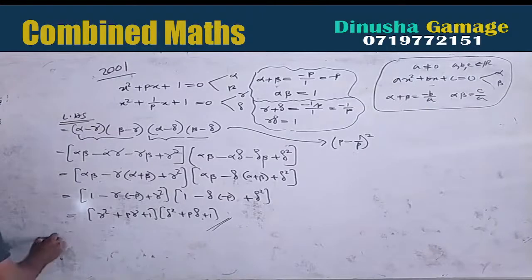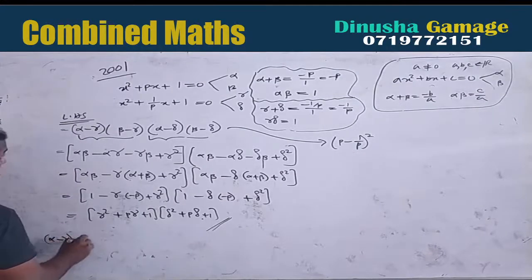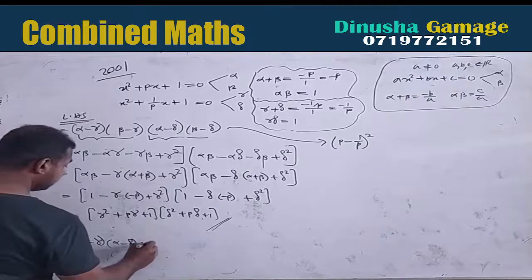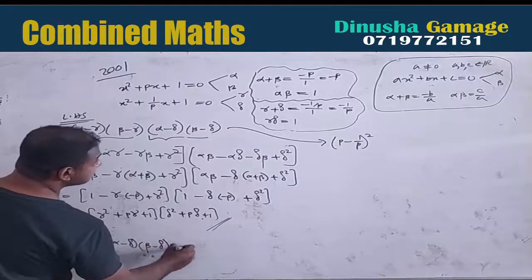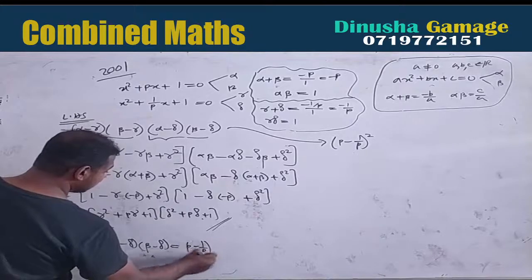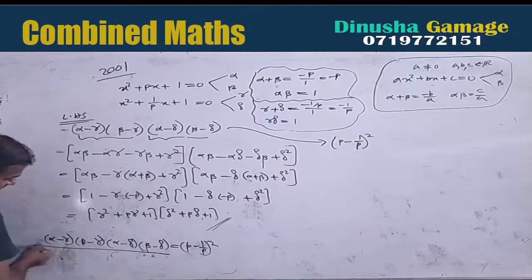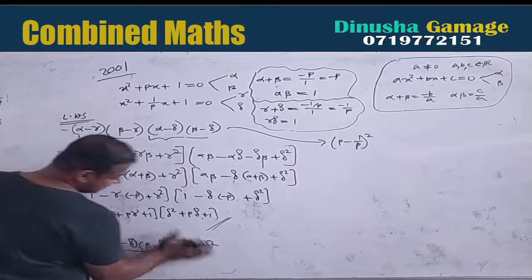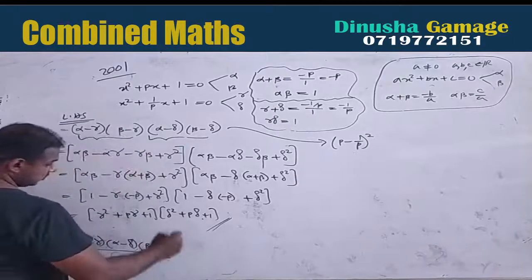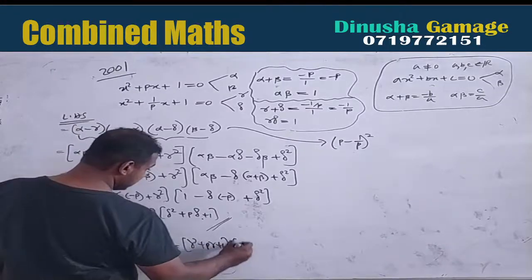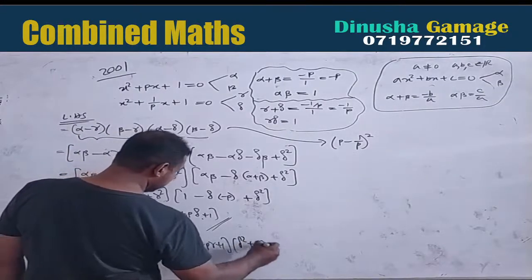Finally, they ask us to show alpha minus gamma, beta minus gamma, alpha minus delta, beta minus delta equals p minus 1 over p square. You have to show that. Anyway, we know this multiplication equals gamma square plus p gamma plus 1 into delta square plus p delta plus 1.